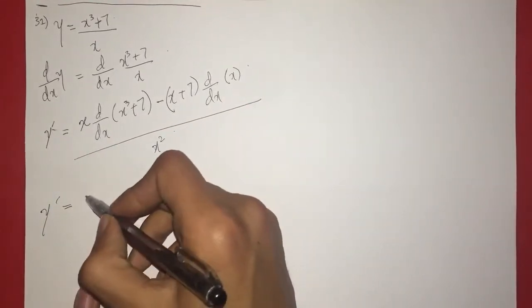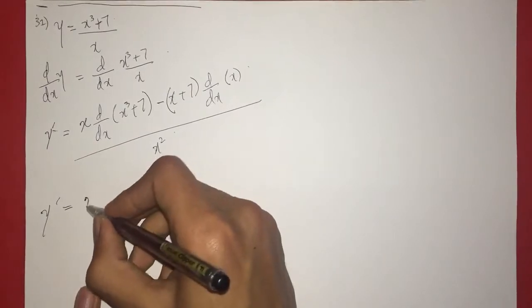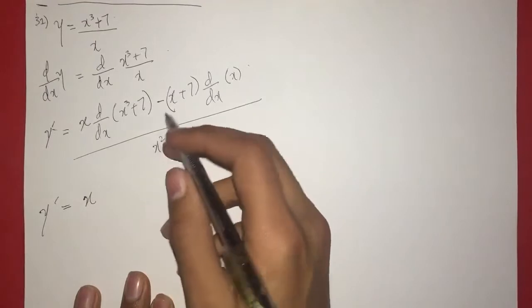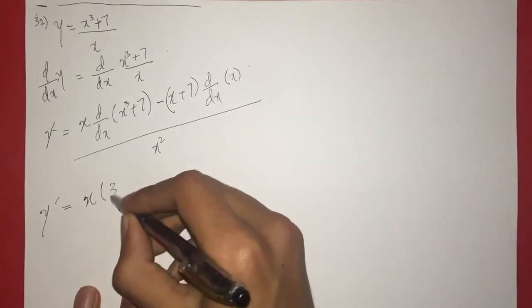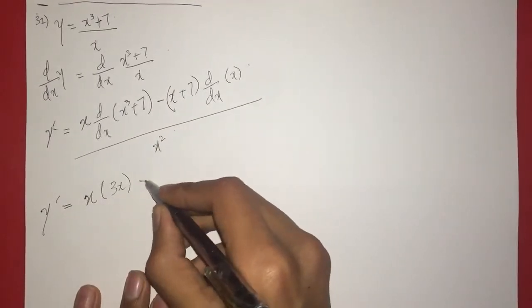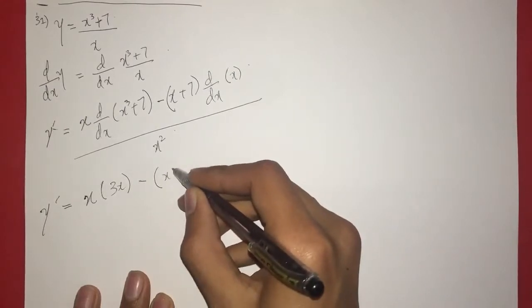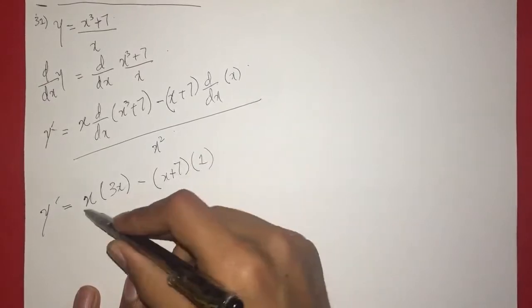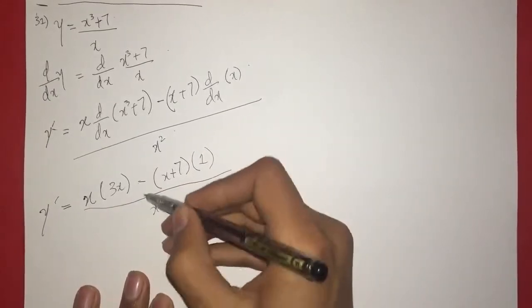So if we solve this for the derivative of y, we get x times the derivative of x cubed plus 7, which is 3x squared, minus (x cubed plus 7) times the derivative of x, which is 1, divided by x squared.